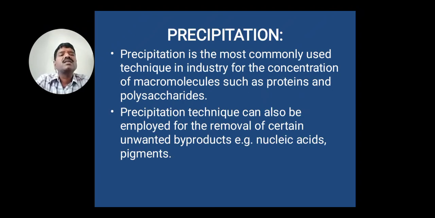The next type of concentration is precipitation. Precipitation is the most commonly used technique in industry for concentration of macromolecules such as proteins and polysaccharides. The precipitation technique can also be employed for the removal of certain unwanted byproducts, for example nucleic acids and pigments.